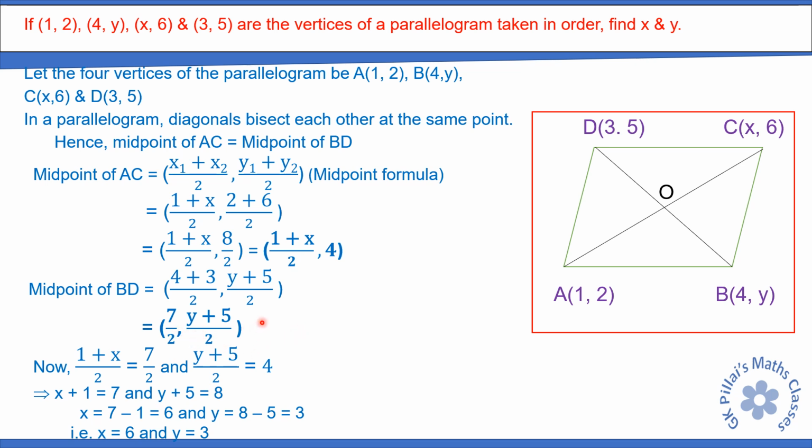Now we should equate 1 plus x upon 2 with 7 upon 2 and 4 with y plus 5 upon 2. And when you simplify, cross multiply and all, here the 2 will get cancelled. So 1 plus x will be equal to 7, x equal to 7 minus 1 equal to 6, and y will be 8 minus 5, 3. So the values of x and y are 6 and 3 respectively.